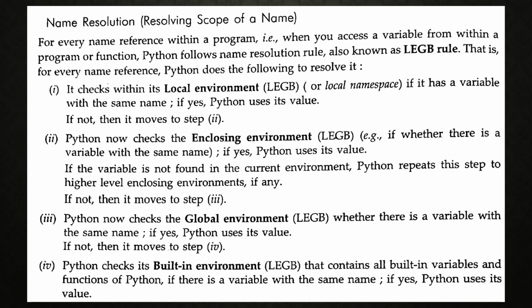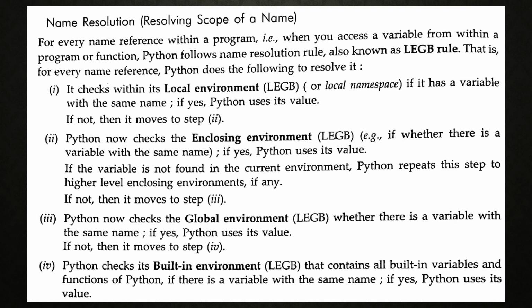If yes, Python uses its value. If the variable is not found in the current environment, Python repeats this step for the higher level enclosing environment, meaning top level. If found, it will continue. If not, then it moves up to step number 3.